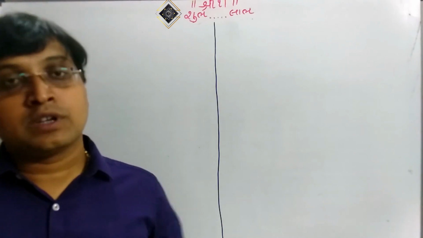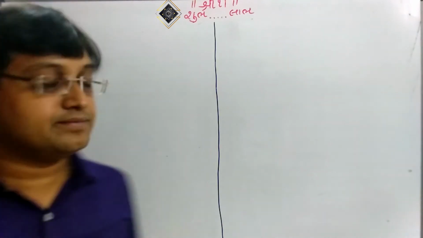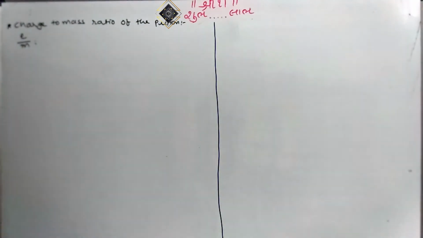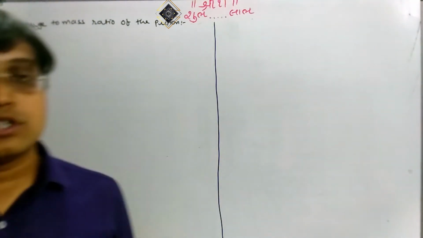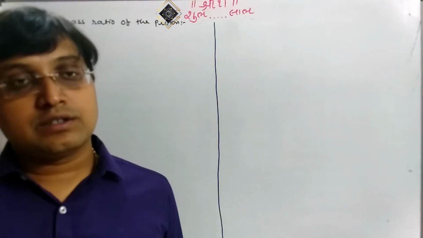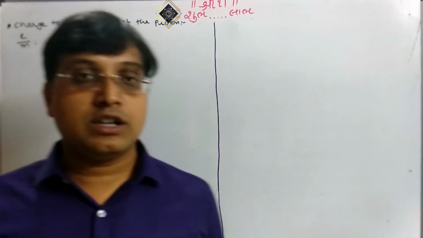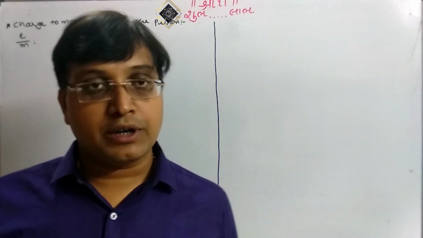Let's go ahead. Charge to mass ratio of the protons. The e/m ratio, that means charge to mass ratio of the proton, was found to be 9.57 into 10 raised to 7 coulomb per kilogram.